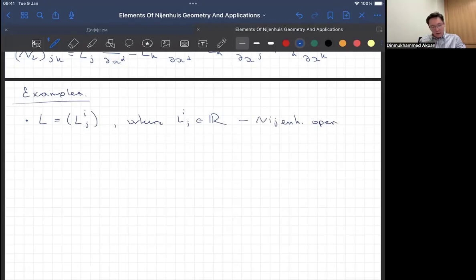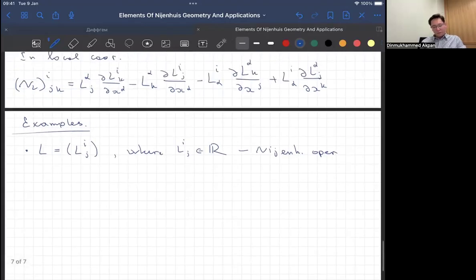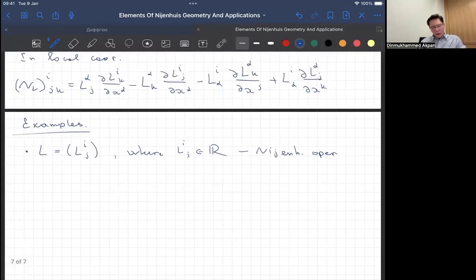I think it's an easy way to see it, from the equivalent definition in local coordinates, because we take a derivative of everything and the derivative of a constant is 0, and every element of this part is 0, and it means that the Nijenhuis torsion is vanishing.